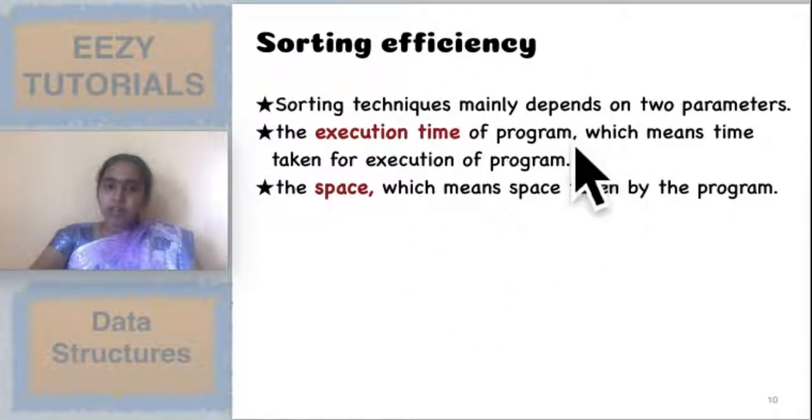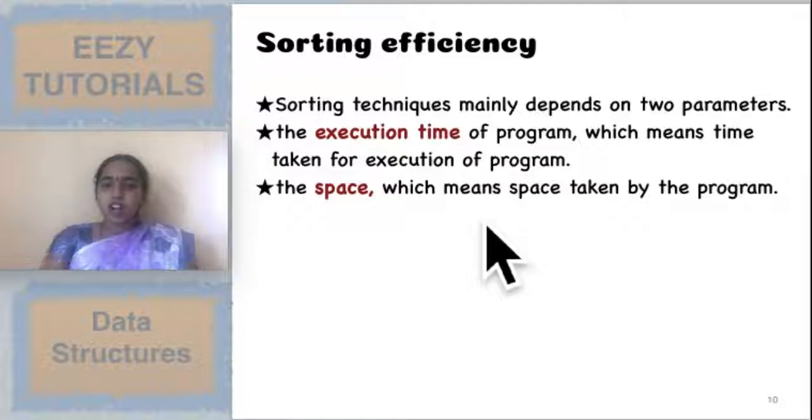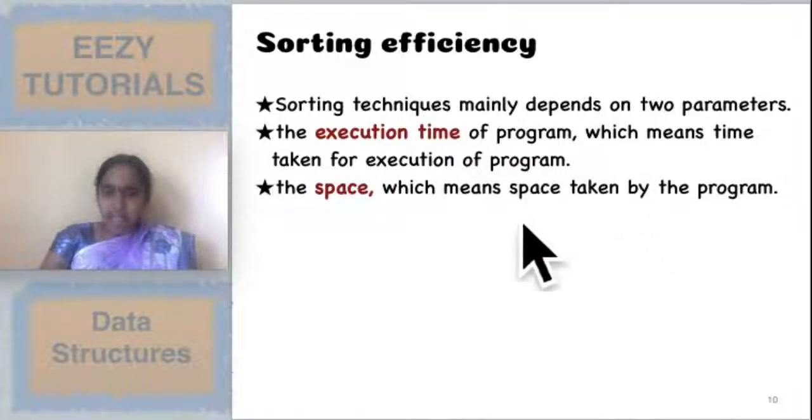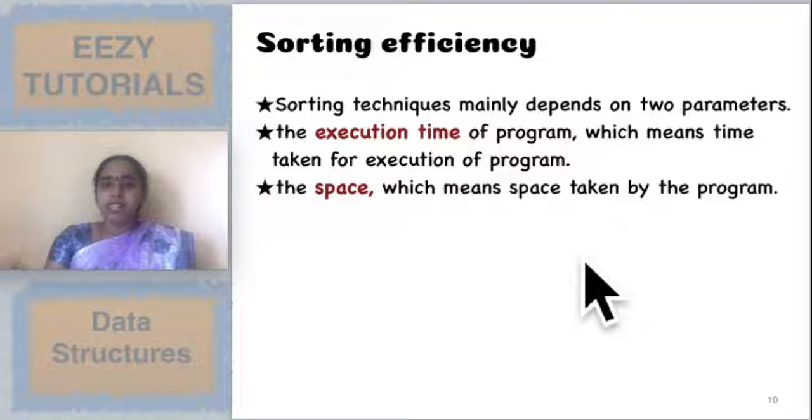Then you have to know about the efficiency of sorting. Sorting techniques mainly depend upon two parameters, execution time and space. Execution time means the time taken for the execution of the entire program for the given input. If your input is n, the execution time will be represented in terms of n.